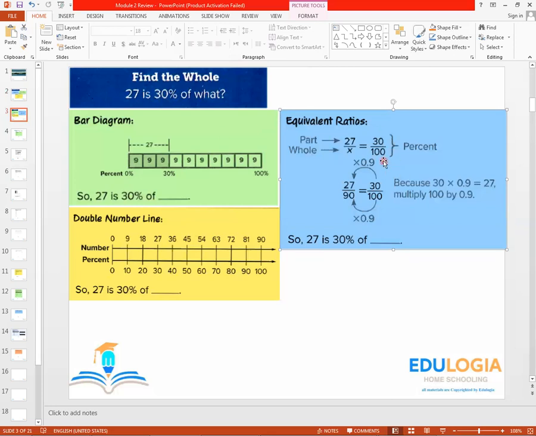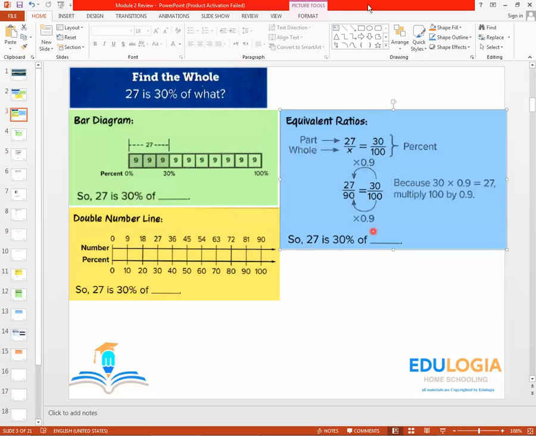30 over 100. If you want to find the value of x, we have to make multiplication here. 27 multiplied by 100 and then divide by 30. Always the number opposite to x in this direction must be written down.